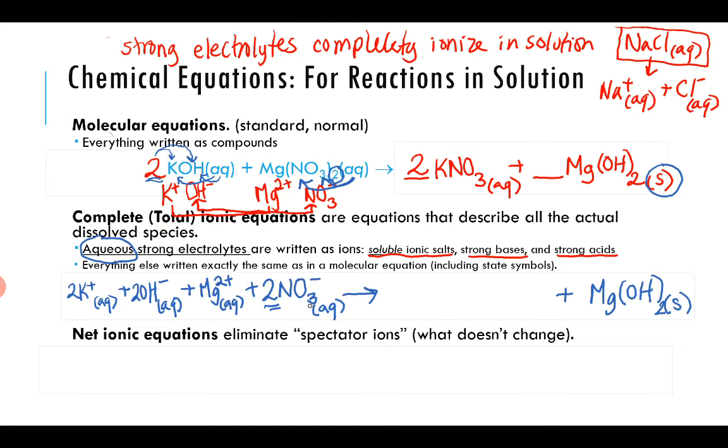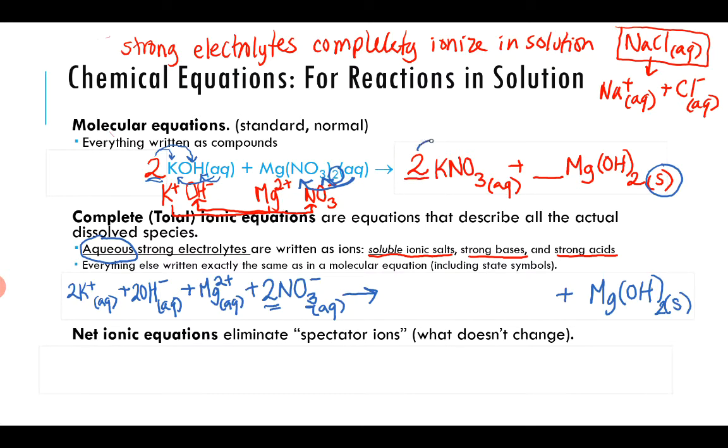Each nitrate does have 3 oxygens, so that 3 needs to stay there because each nitrate has 3 oxygens. If we moved the 3 out in front, then it would look like we had 3 polyatomic ions that just had 1 nitrogen and 1 oxygen, and that's not what we have.